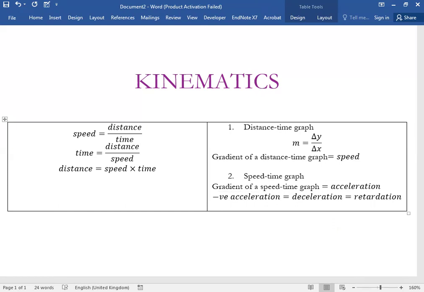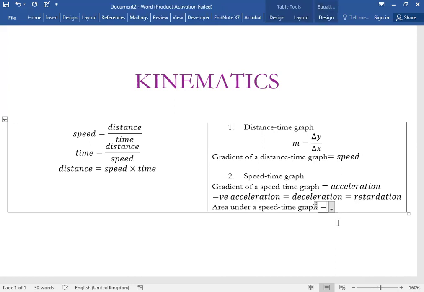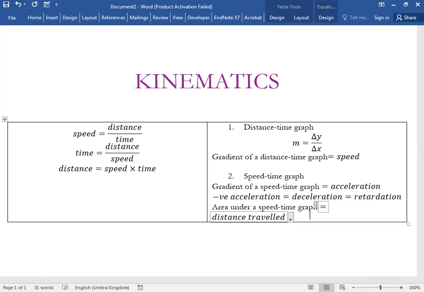Another thing that we need to see is that the area under a speed time graph shows you the distance travelled. You cannot simply use the formula. Why?